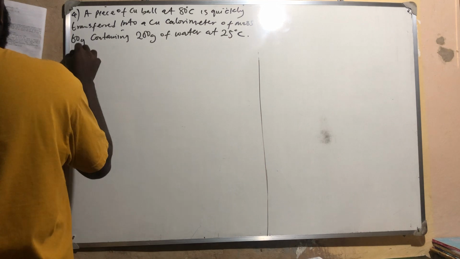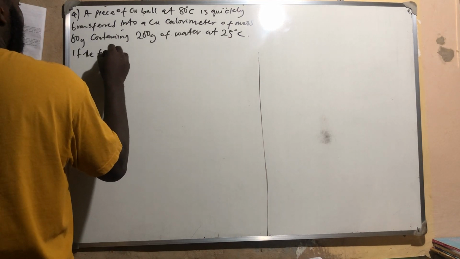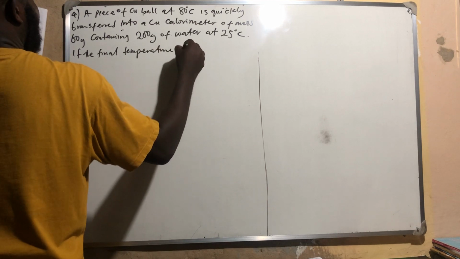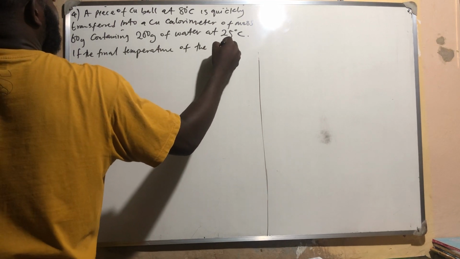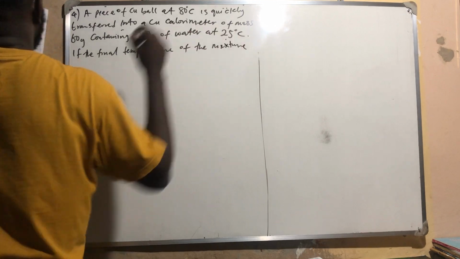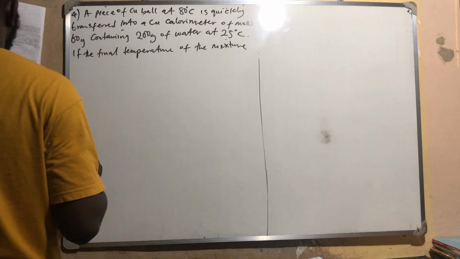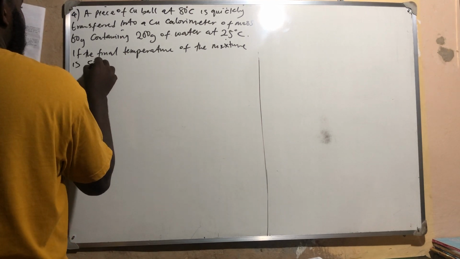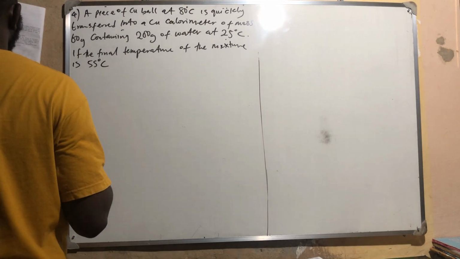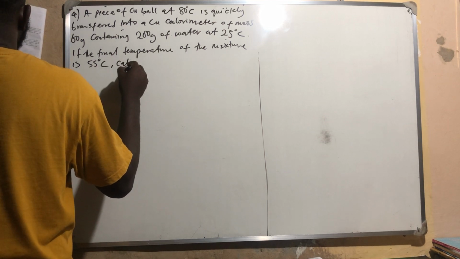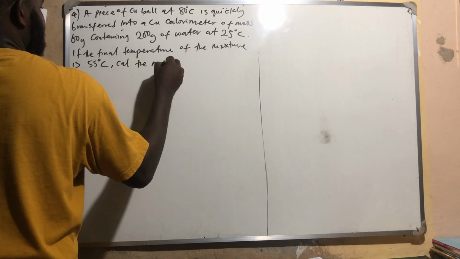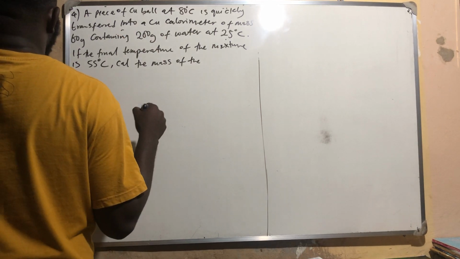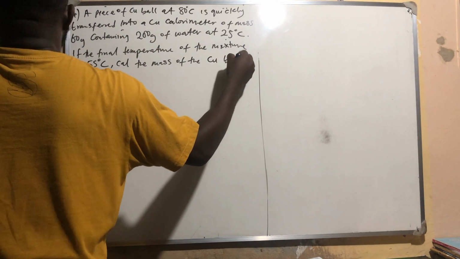If the final temperature of the mixture is 55 degrees Celsius, calculate the mass of the copper ball.